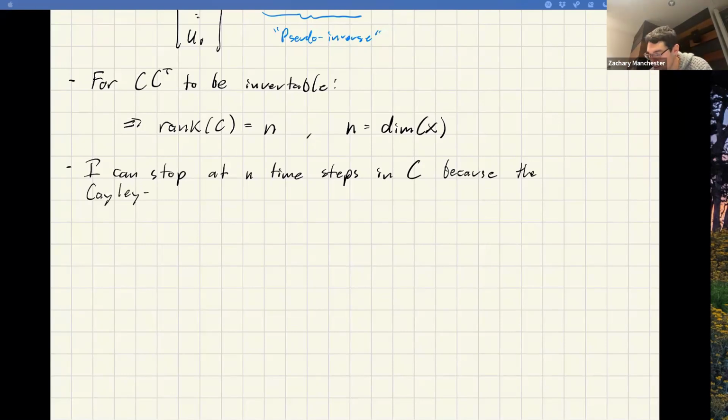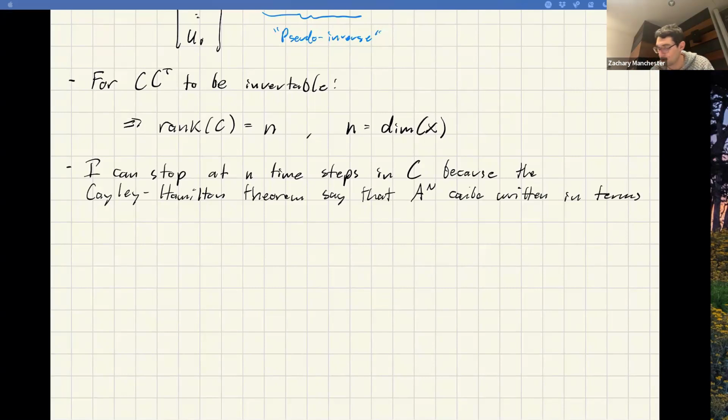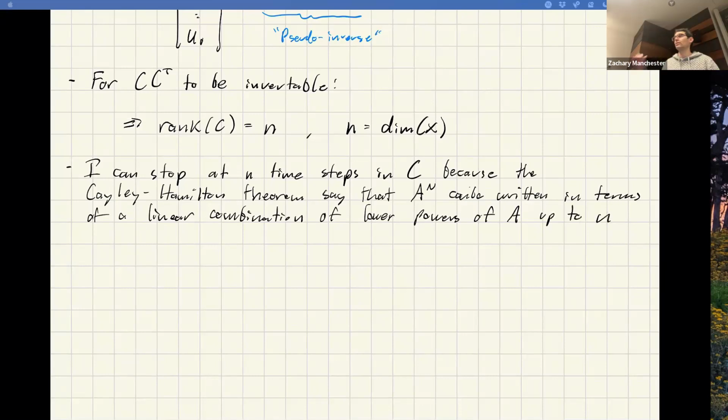Okay, so we'll write that down. The Cayley-Hamilton theorem says that A to the big N can be written as a linear combination of lower powers of A, up to little n, where little n is the dimension of the state and also the dimensions of A. It's n by n.